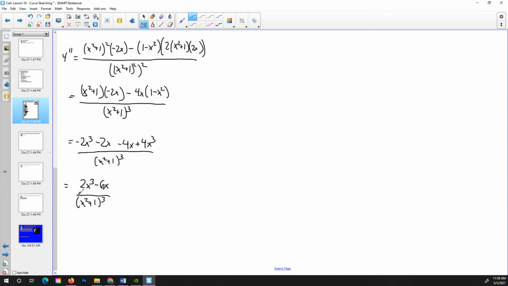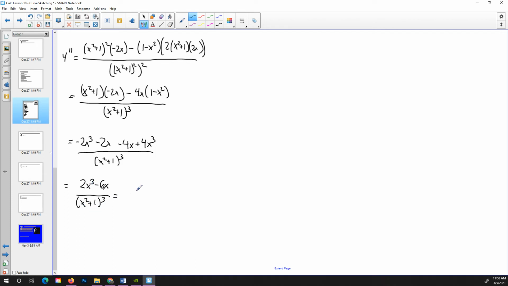All right, now why did I do this? I did this because the second derivative will find points of inflection and where the function is concave up and concave down. Now that I have that, I am going to find where it's 0. It's never undefined because this expression is always positive, but it can equal 0.